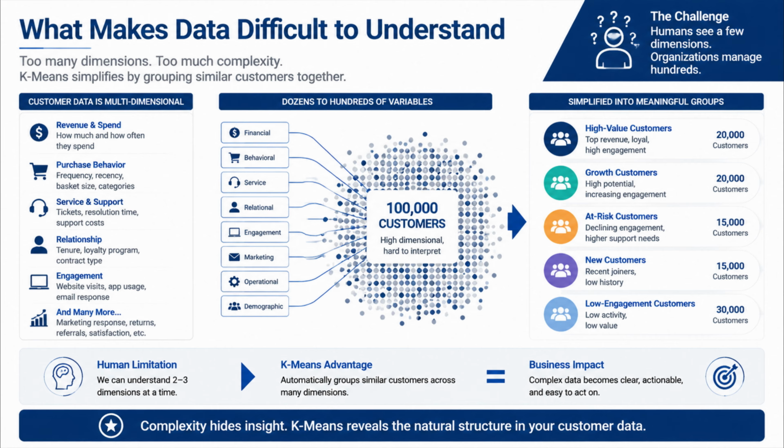Organizations often manage hundreds. As the number of variables increases, it becomes increasingly difficult to recognize meaningful patterns using spreadsheets or dashboards alone. K-means helps simplify complexity by grouping similar customers together. Instead of analyzing thousands of individual customers, analysts can focus on a handful of meaningful segments.